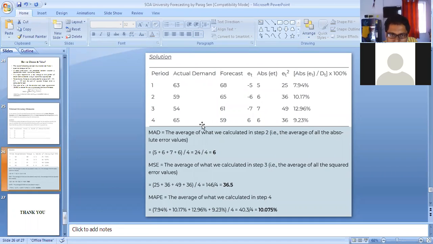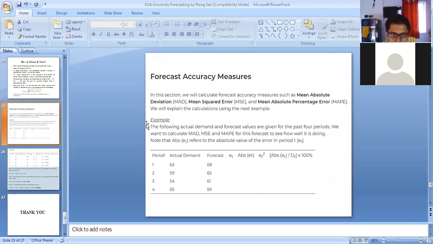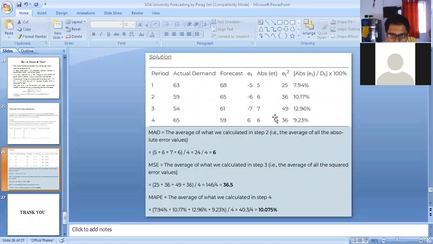If you take the average of the absolute values, it is known as the mean absolute deviation. If you calculate the average of the error square values, that is known as mean square error.